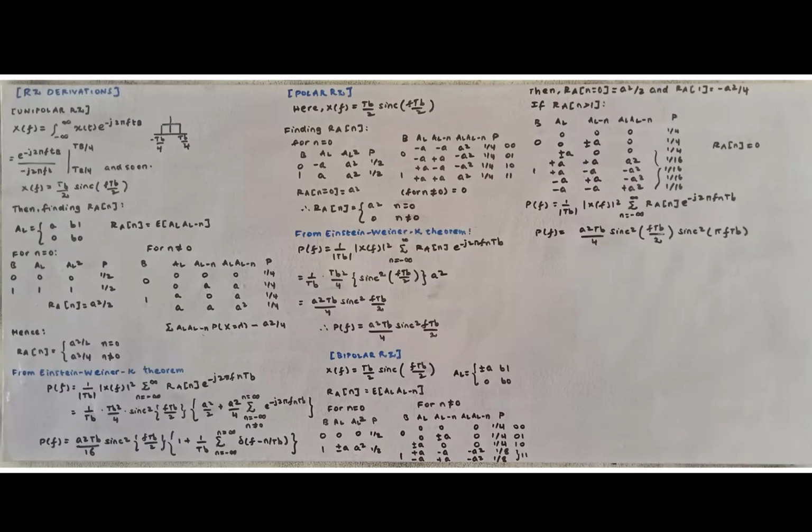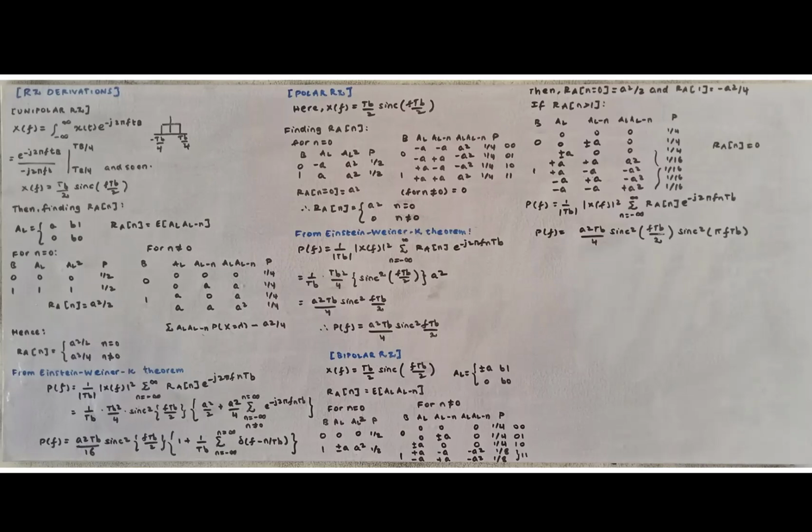Your Einstein-Wiener remains the same, except wherever you make your substitutions, you make them differently. And everywhere else it's the same. So the only difference for RZ that I observe is that your TB gets replaced by TB by 2 in the Fourier transform of the input signal. Eventually, you get slightly different values for power spectral densities.